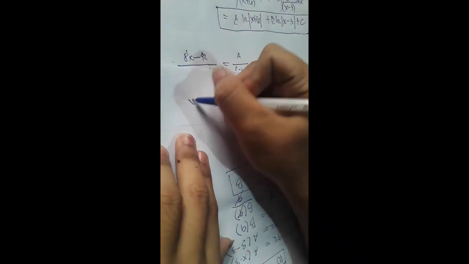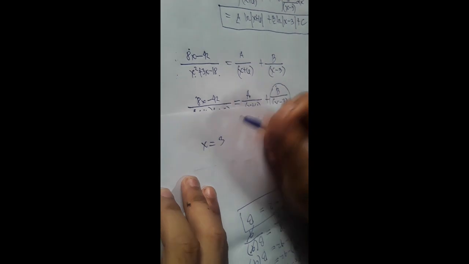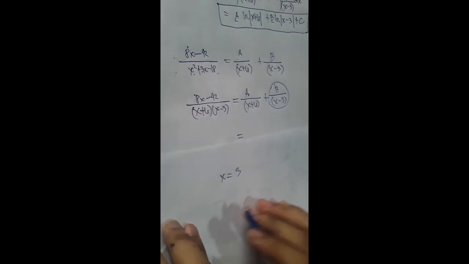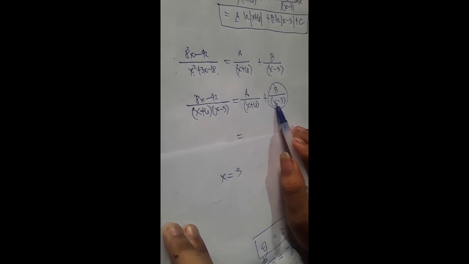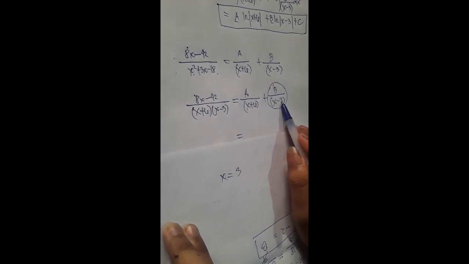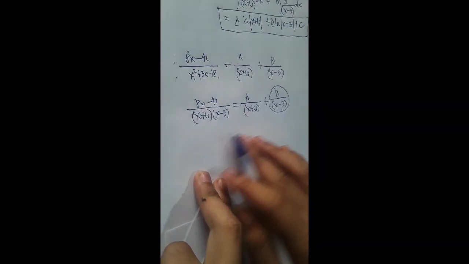So the value of our x for now is 3, because if we substitute the 3 here, this will become 3 minus 3, which is 0.